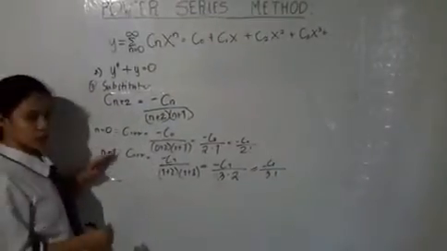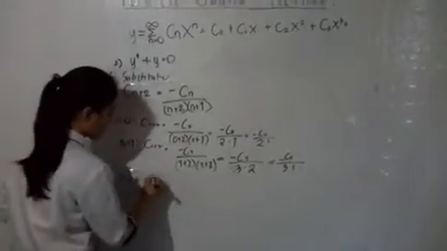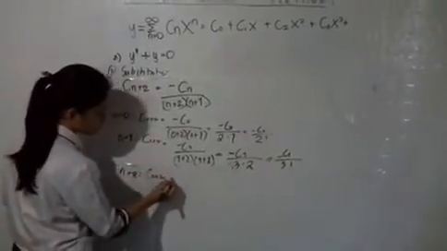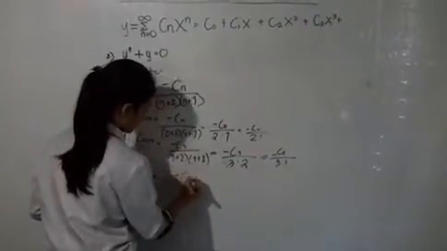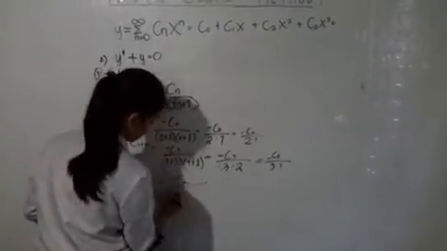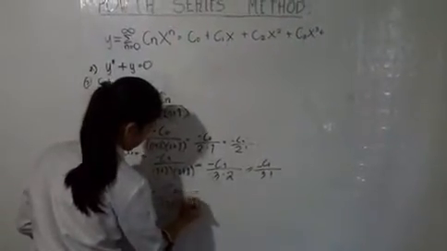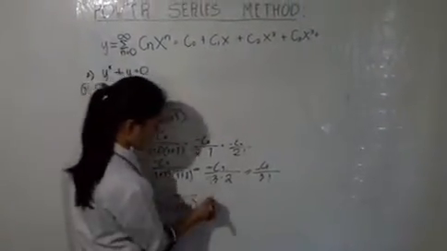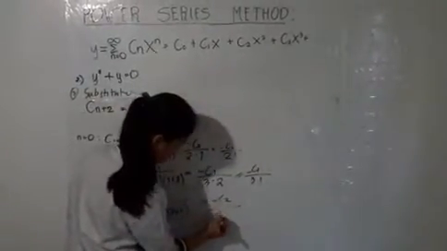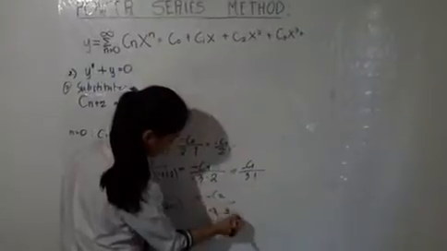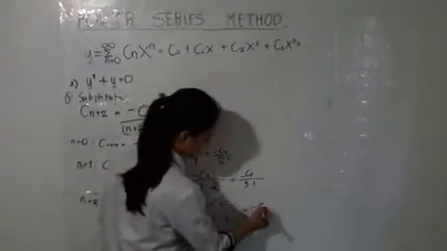Now, if our n is equal to 2, we have c2 plus 2 is equal to negative c2 over 2 plus 2, 2 plus 1, which is also equal to negative c2 over 4 times 3. Notice this, we can have this as 4 factorial.